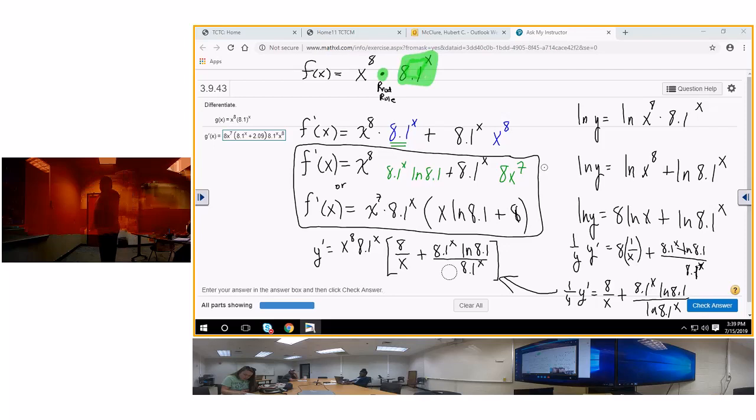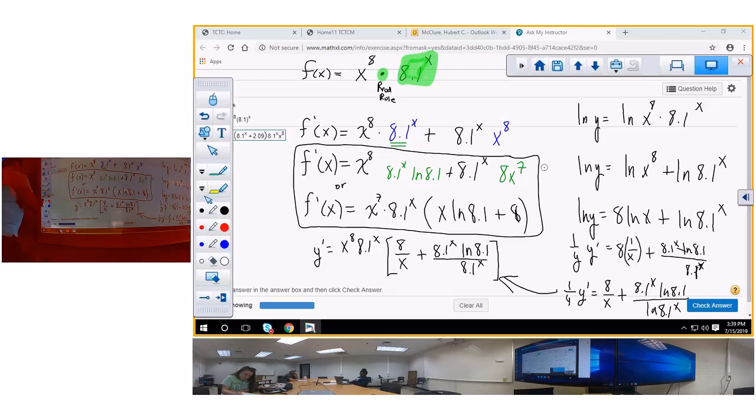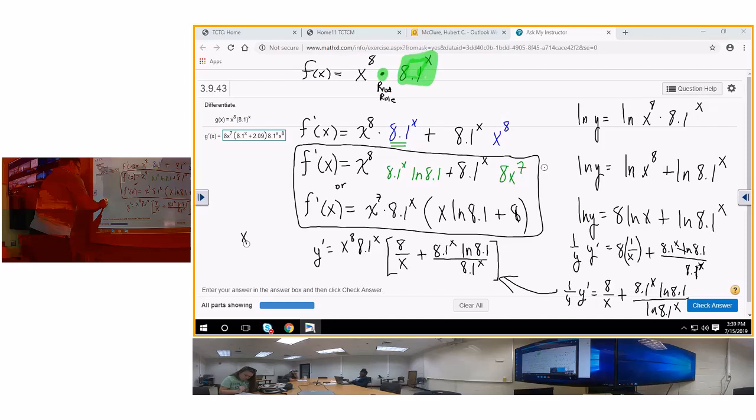So I'm going to let y'all work that out, but let's see, x to the 7th, that's going to cancel, and that's going to leave 8x to the 7th, 8.1 to the x power, make sure I didn't make a mistake there, plus, and that 8.1 to the x is going to cancel.